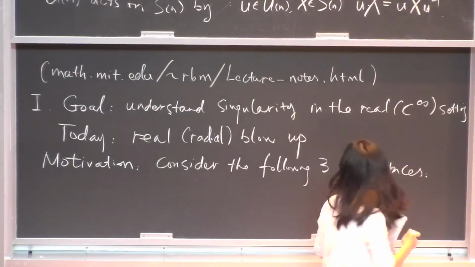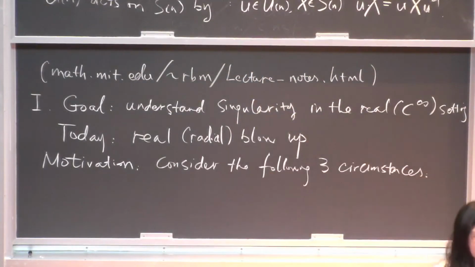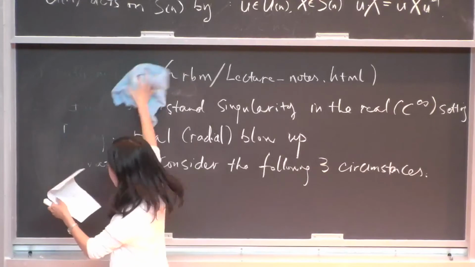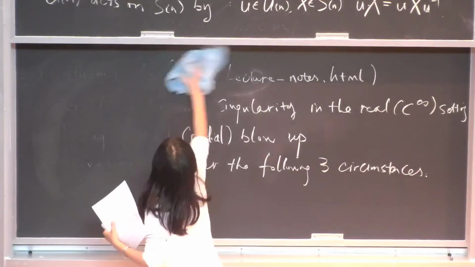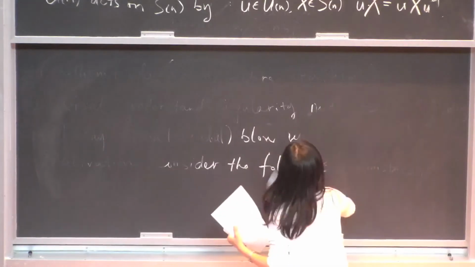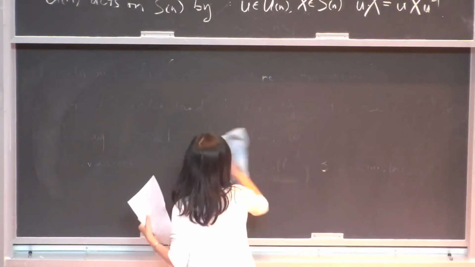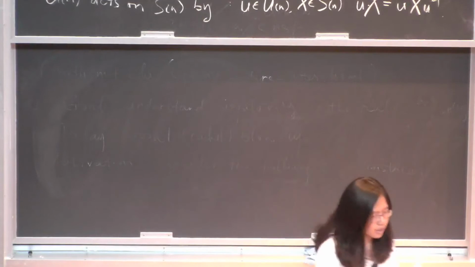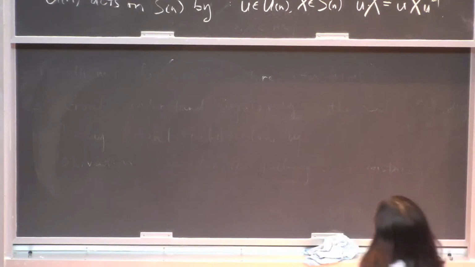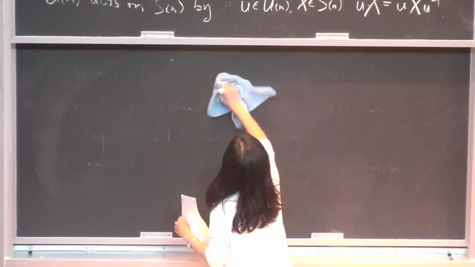Now, what am I doing with the space here? So, well, first of all, this unitary group acts on X in such a way that the orbits are very easy to see.